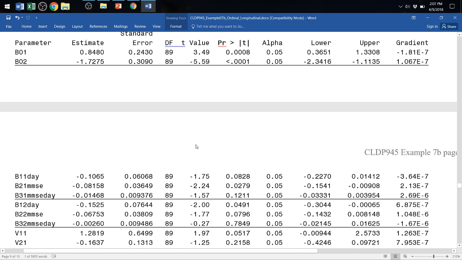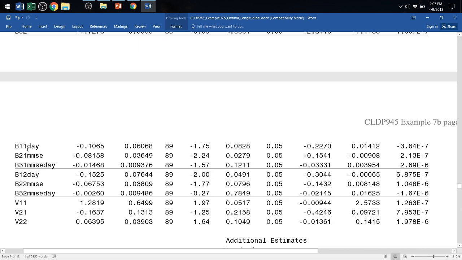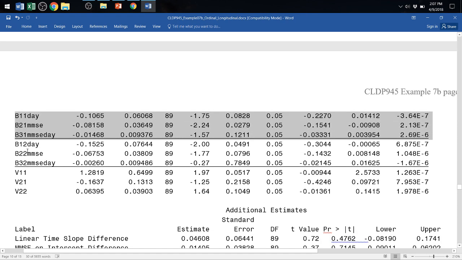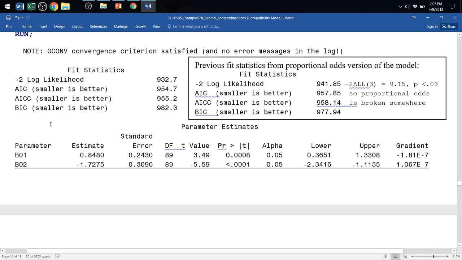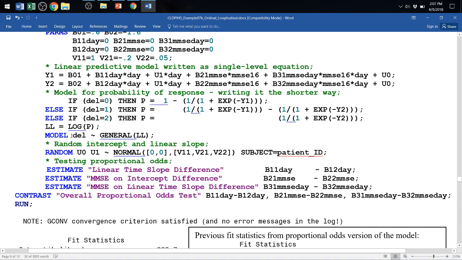So here's what I get. I've divided this up by submodel here. The first submodel is predicting the logit of 0 versus 1, 2.